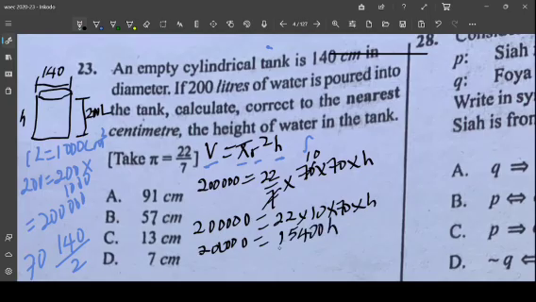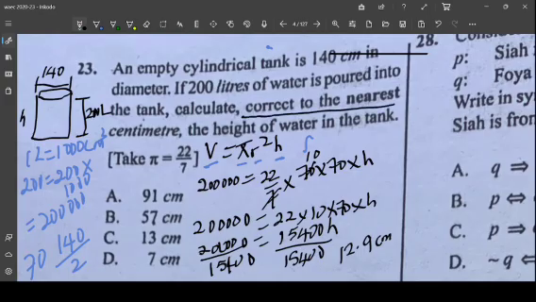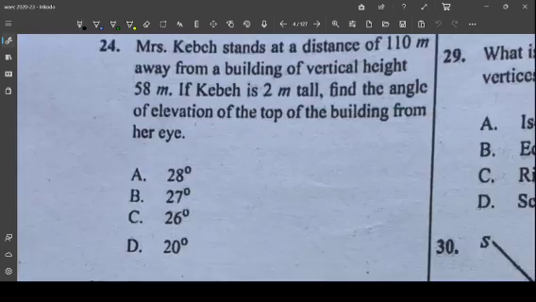So all I need to do now is to divide both sides by 15,400. When I divide both sides by 15,400, I am left with 12.9 centimeters, which, if I calculate correct to the nearest centimeter, is closest to 13 centimeters. So that gives you the answer C.